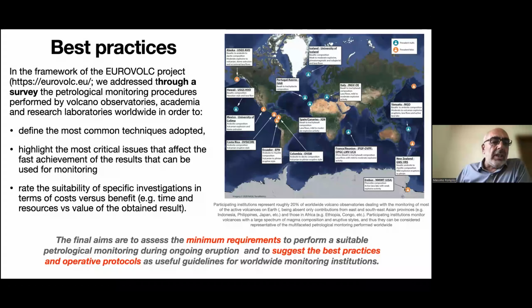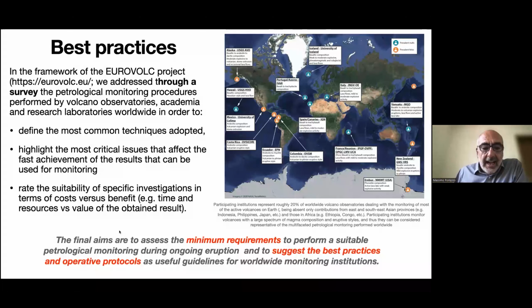So the aim is to define the most common techniques adopted, to highlight the most critical issues that affect the fast achievement of results that can be used for monitoring, and to rate specific investigations in terms of cost and benefit, time and resources versus the value of the result.